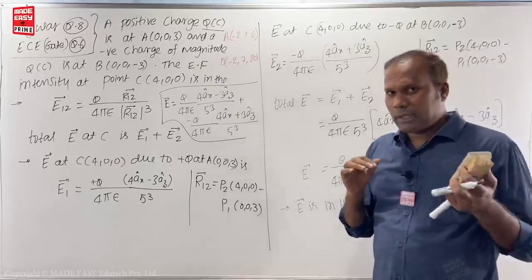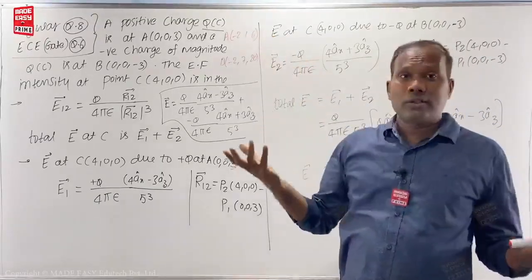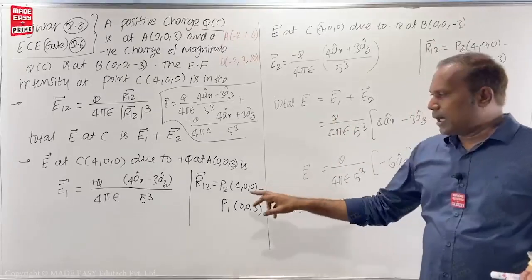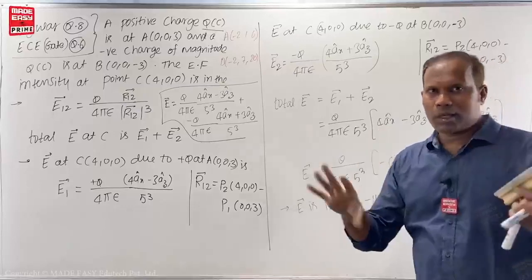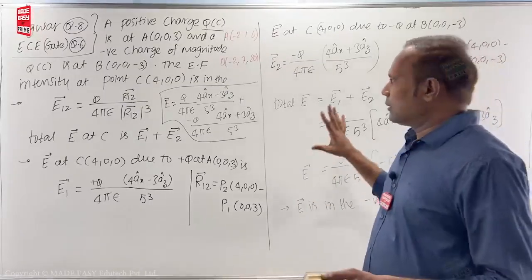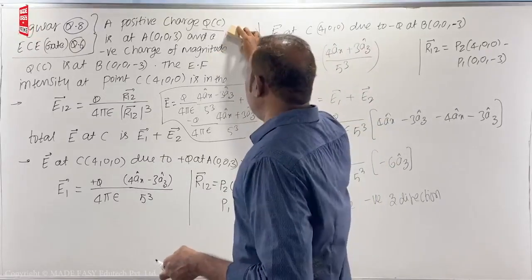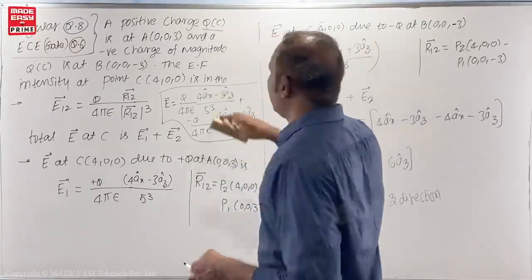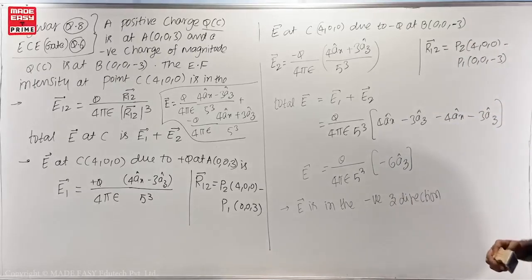Actually, you understand, we are not giving locations to the points also here. Simply, R12 means field point minus source point. We are not bothered about locations also. So this method is applicable everywhere. But anyway, if you are comfortable with the other method, don't worry. The purpose is you have to get the answer in less time.